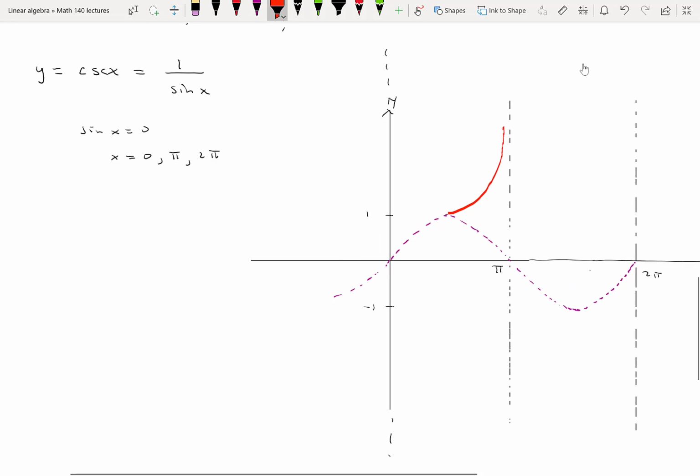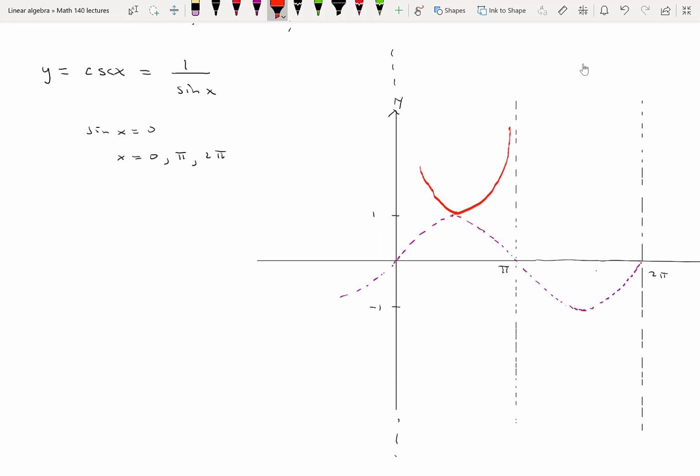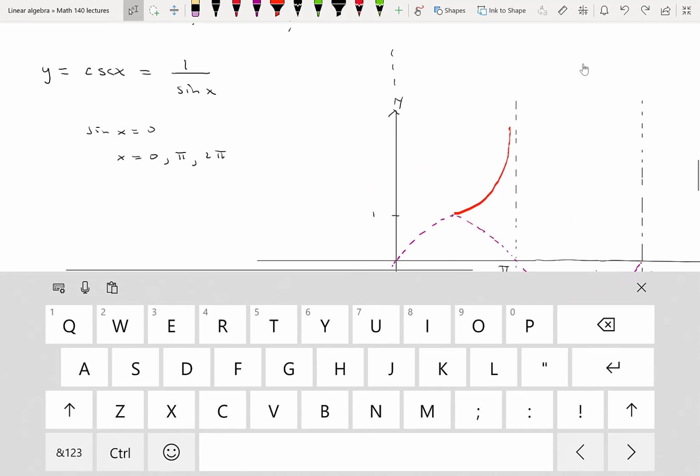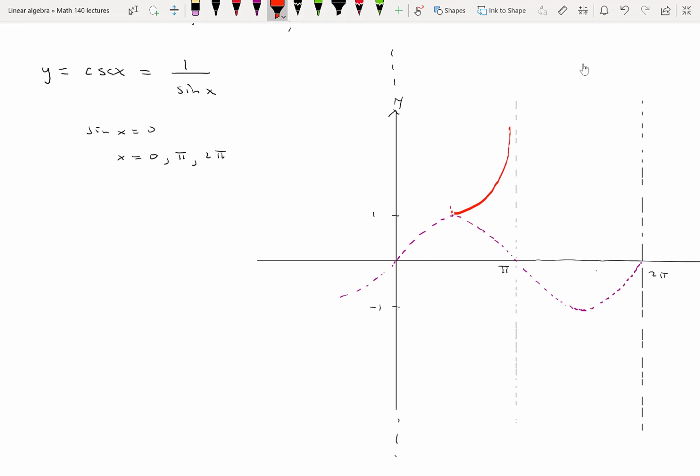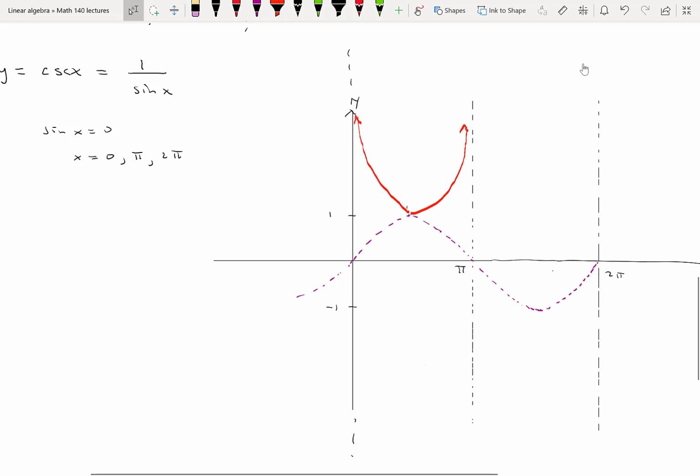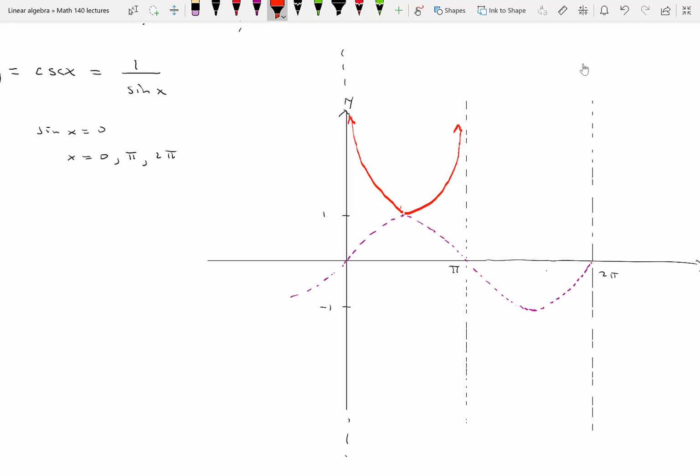Do the same thing on the other side. Okay, and that's a portion of one period of the cosecant function. Then do the same thing with this portion of the sine.